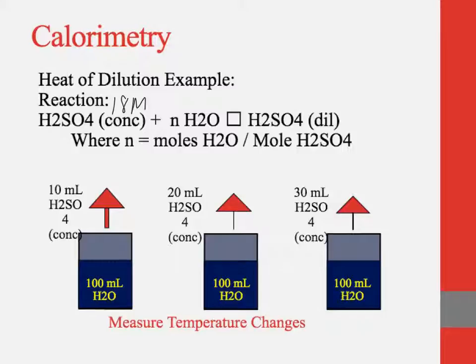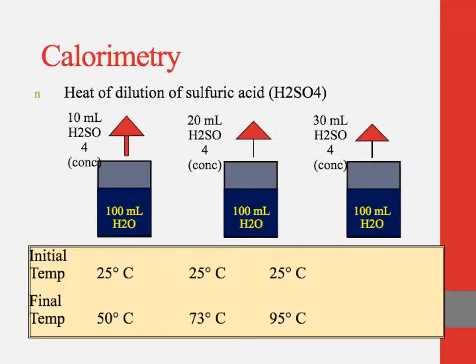It's extremely exothermic, and it can even cause it to boil. So as you can see here from sample 1 to sample 3, as I increased the amount of sulfuric acid, the final temperature increased drastically, almost to the point of boiling.